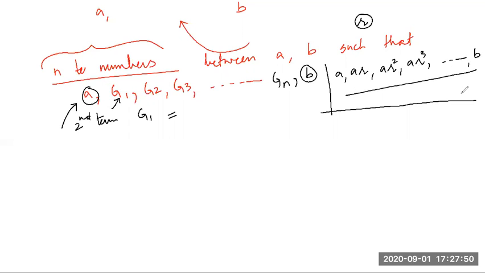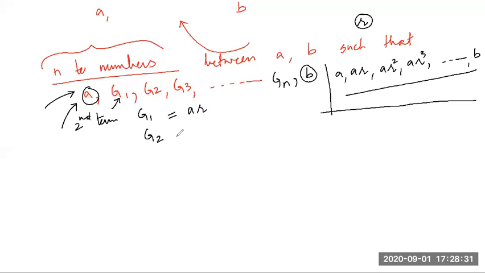So students, the interesting thing is, as you have seen, the first term is A, the second term is G1, the second term of the total GP after inserting G1, G2, G3 up till Gn between two positive real numbers A and B. So G1 is equal to A into r, right? G1 is equal to AR. And what is G2, students?